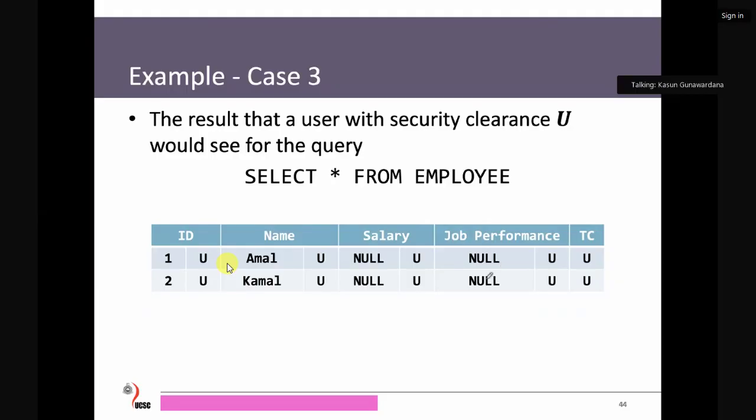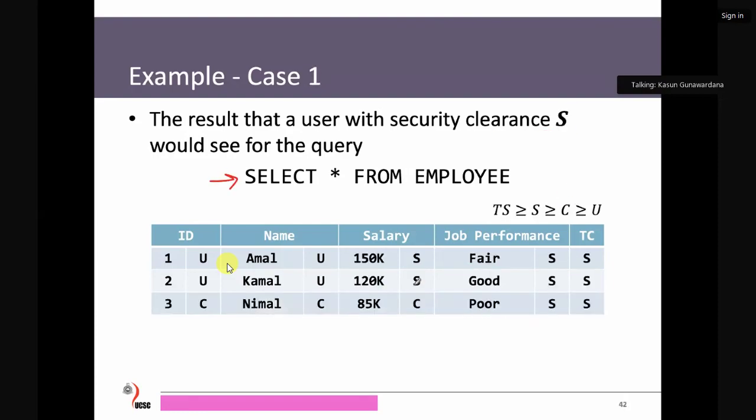And case 3, a user with security clearance level U, unclassified. That user will see most of the data as null, and the user will see only 2 rows. A row is not visible to this user.